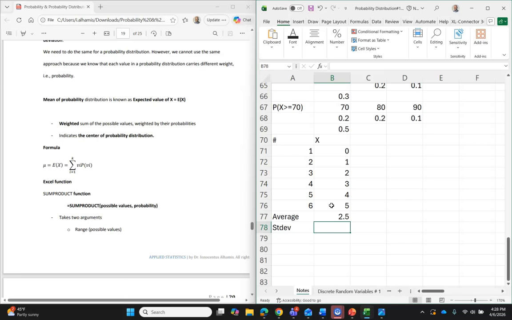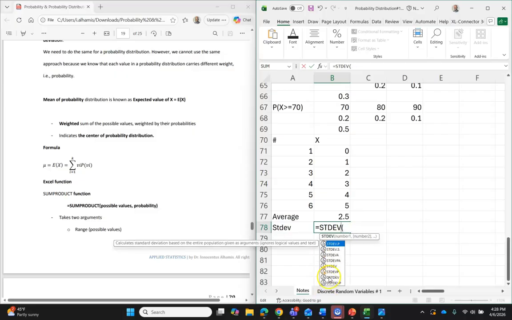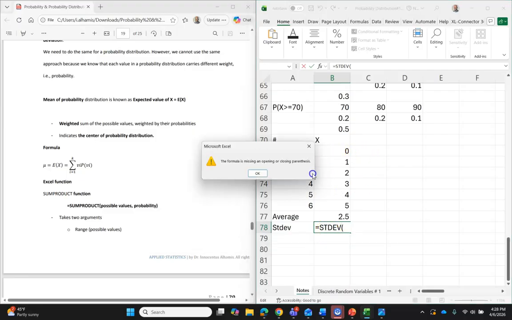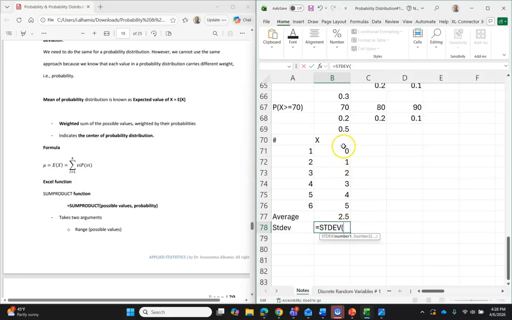And also we can find the standard deviation. So STD, standard deviation. I'm going to use this one. No, not this one. I'm going to select this one here, which is the standard deviation of these values.